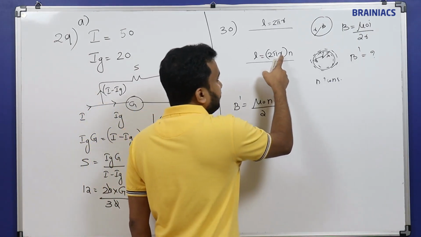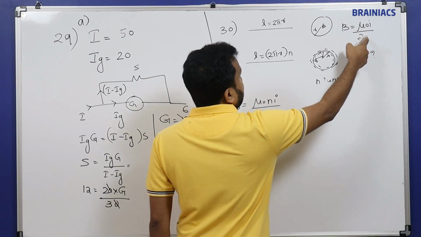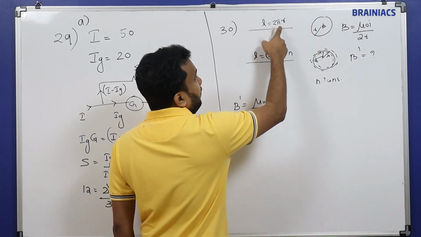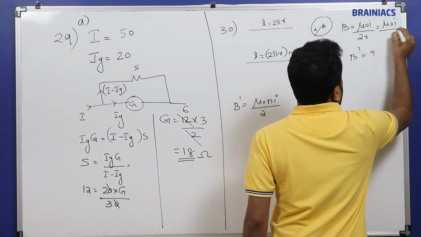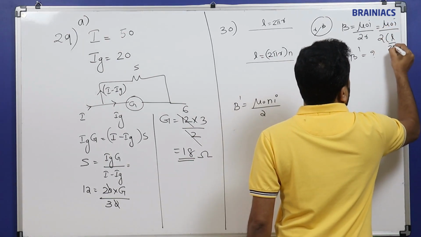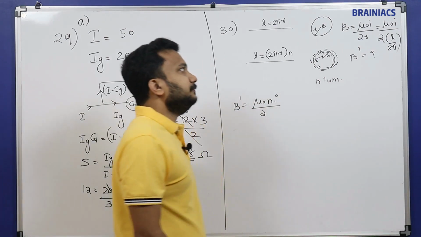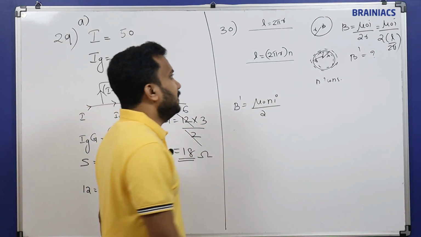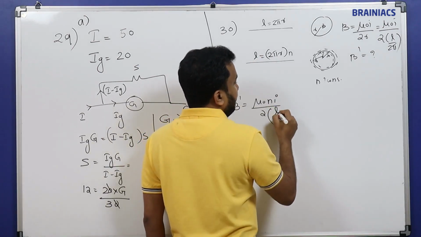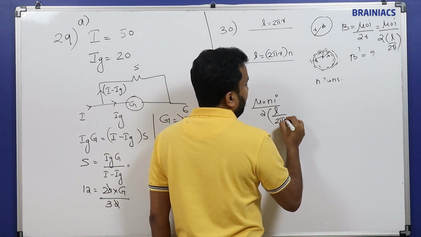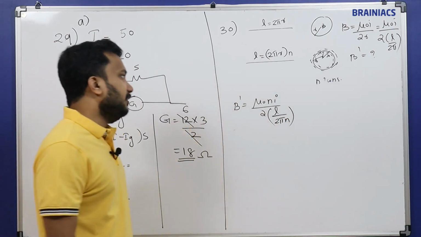So instead of this R, I can substitute L by 2 pi. The same way here I am substituting L divided by 2 pi N instead of R.